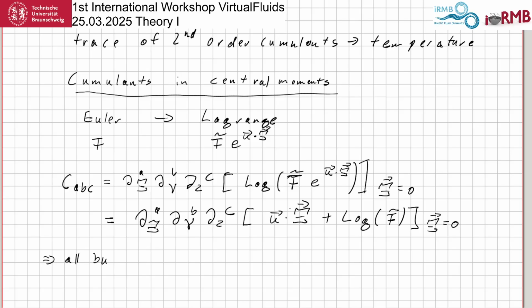This is what you expect from quantities that have been designed to be independent of each other. All but order 1 cumulants are independent of velocity. Or you could say all of them are frame independent.